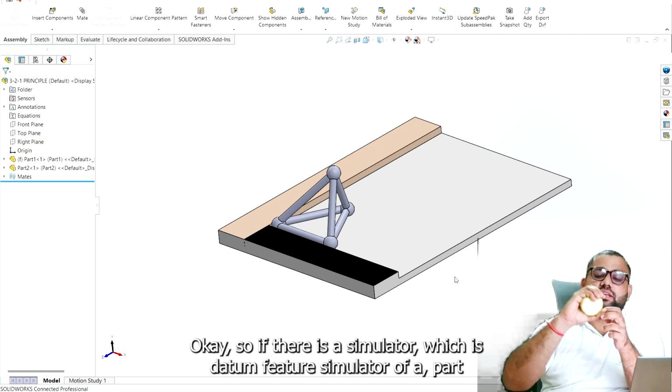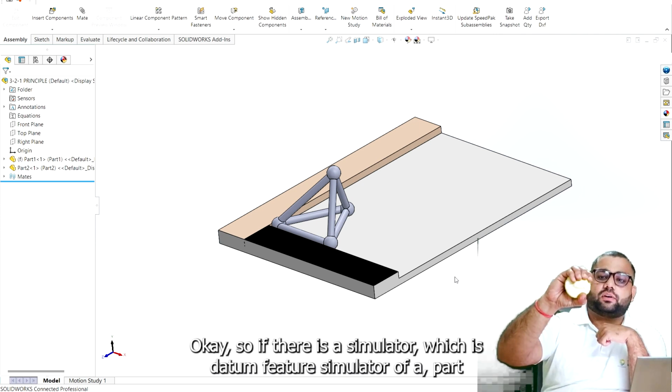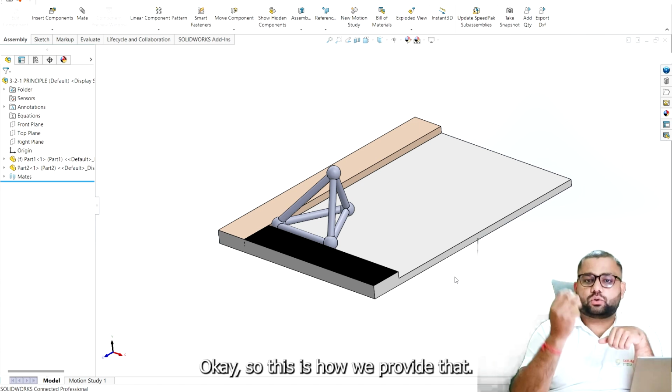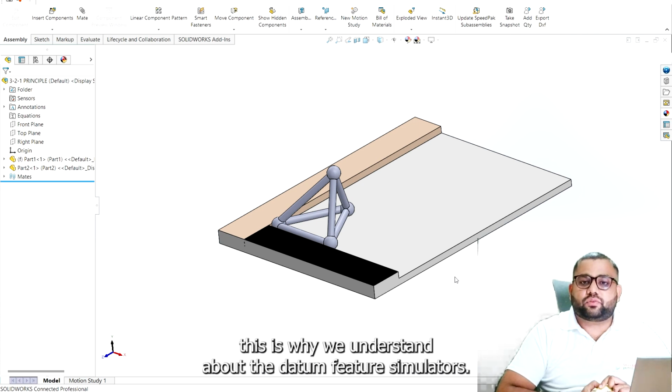So if there is a datum feature simulator of a part which is in a spherical shape, I can lock all the 6 degrees of freedom.